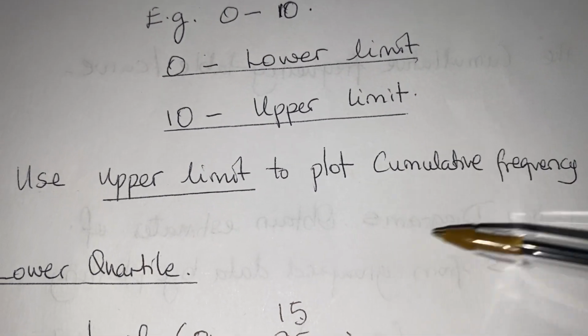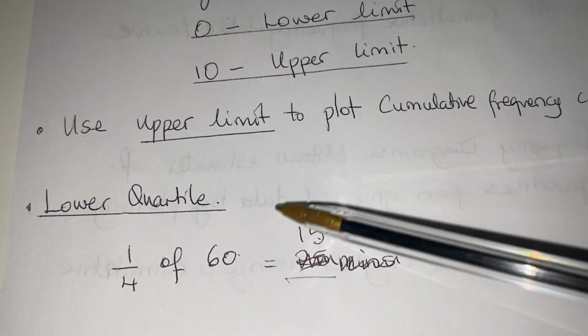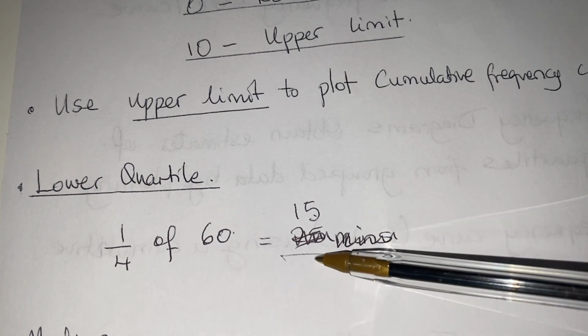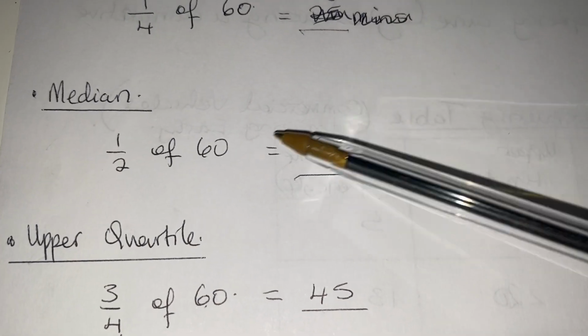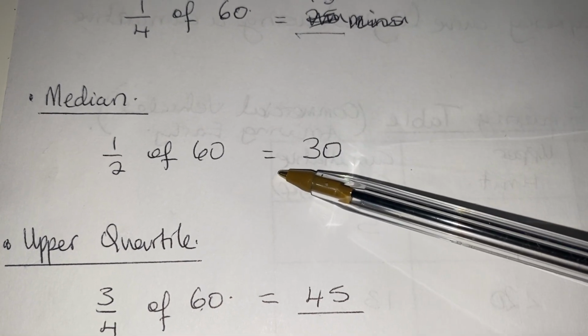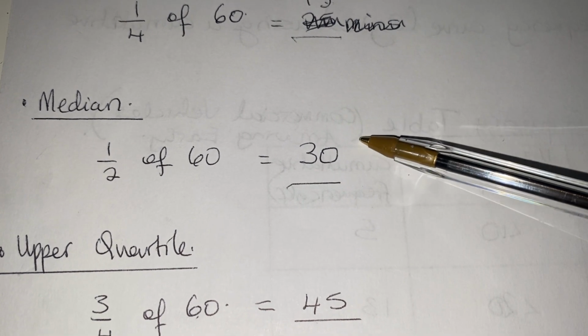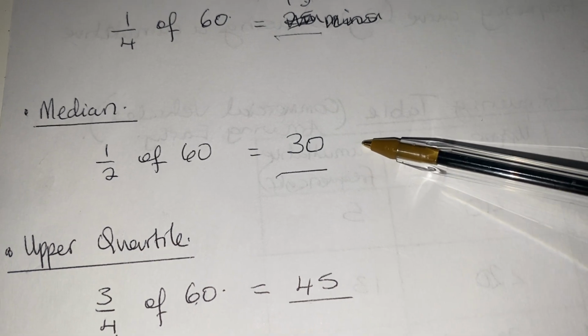So use the upper limit to plot the cumulative frequency. The lower quartile is 1/4 of 60, which is 15. The median is half of 60, that is a cumulative frequency of 30. Okay, this is why I still follow my notes.